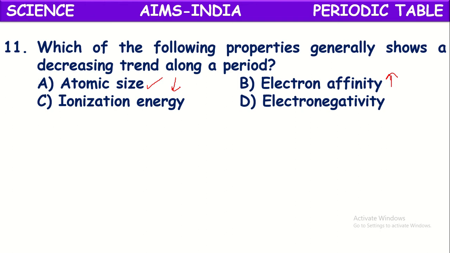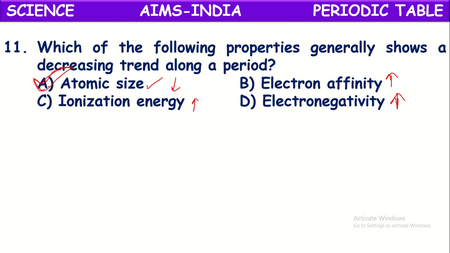What about ionization energy? Ionization energy is also inversely proportional to the size of the atom. As atomic size decreases, ionization energy also increases in a period from left to right. Even electronegativity increases because size is decreasing. Now, the only property that is decreasing in a period from left to right is atomic size.